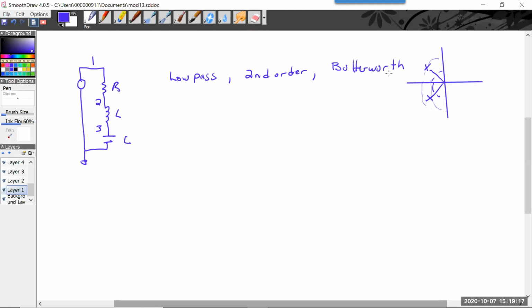And that has some interesting things we like to have in a filter, right? So if you tell it low pass, second order Butterworth, it's going to give you some constants.